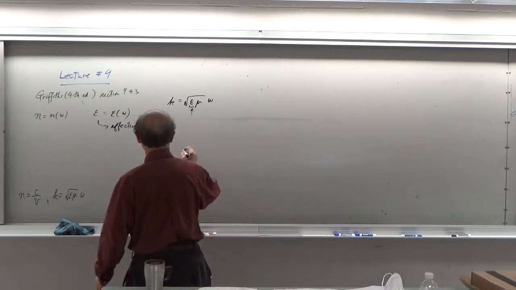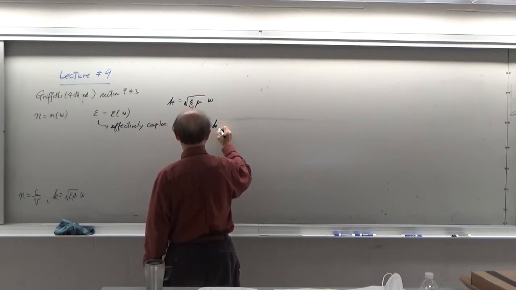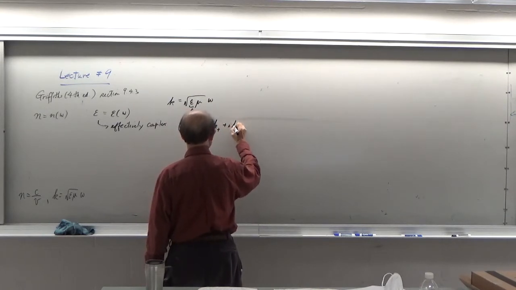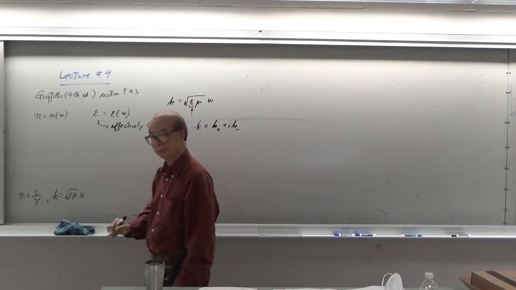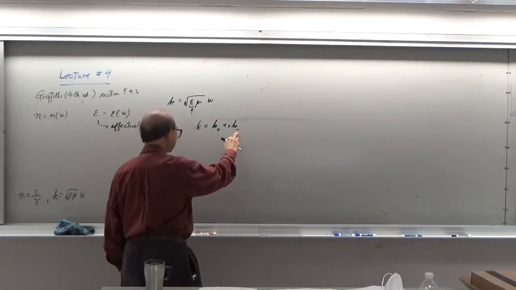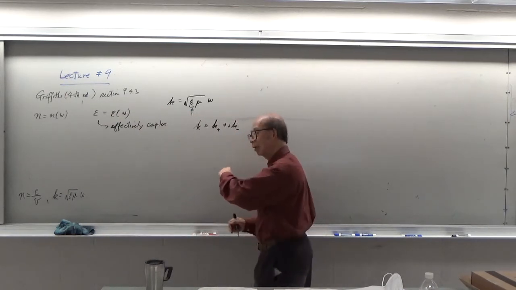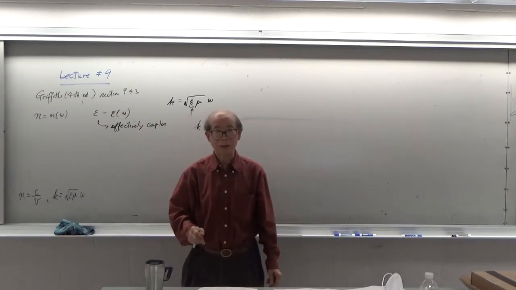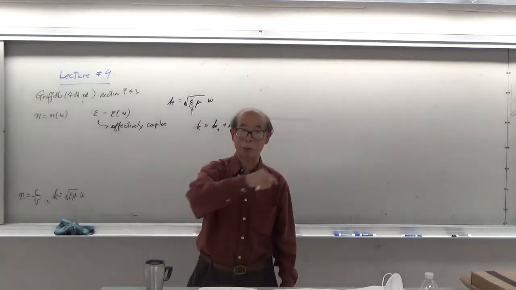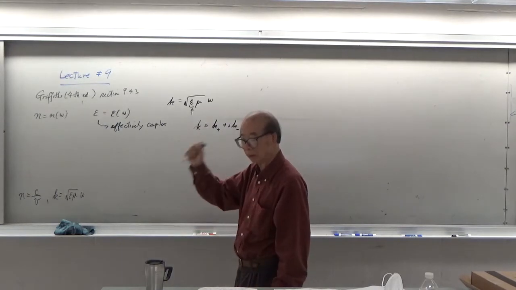So now in the conductor case, we wrote k is equal to k plus i k minus. The k plus refers to the real part of k, and the k minus refers to the imaginary part. And this imaginary part implies that, in fact, the wave would attenuate away as a function of position of propagation.